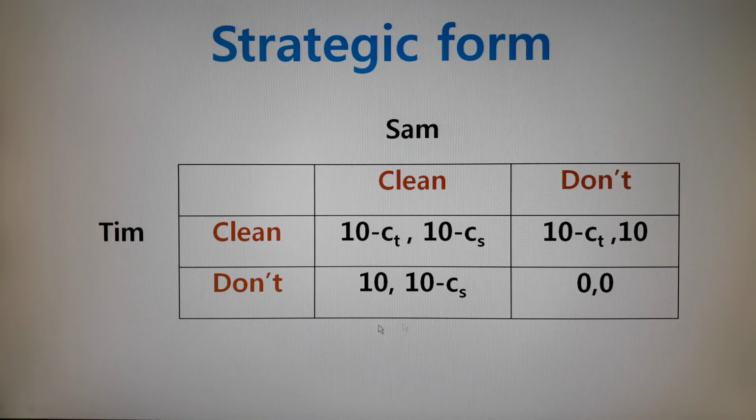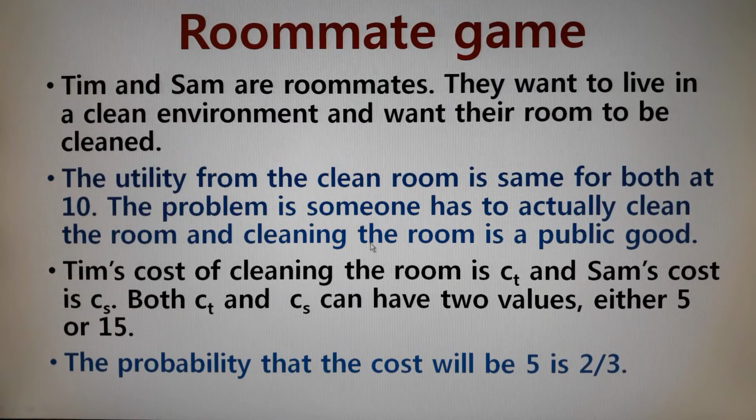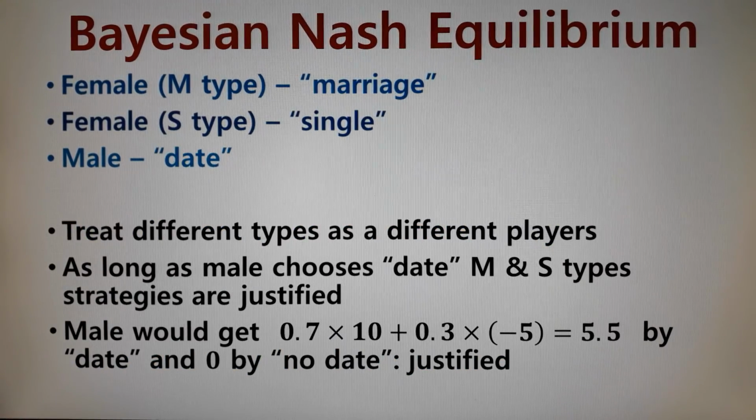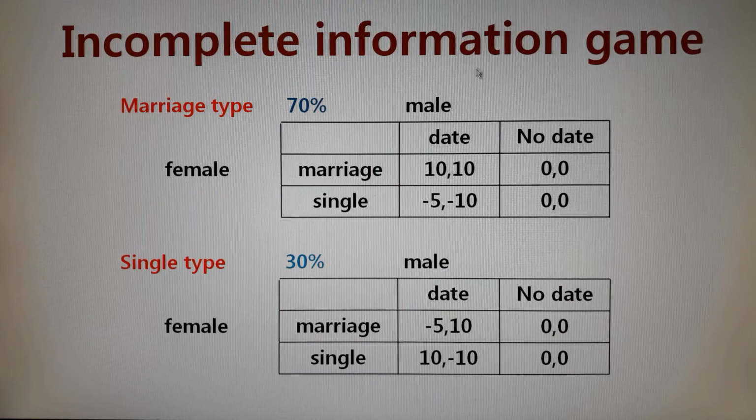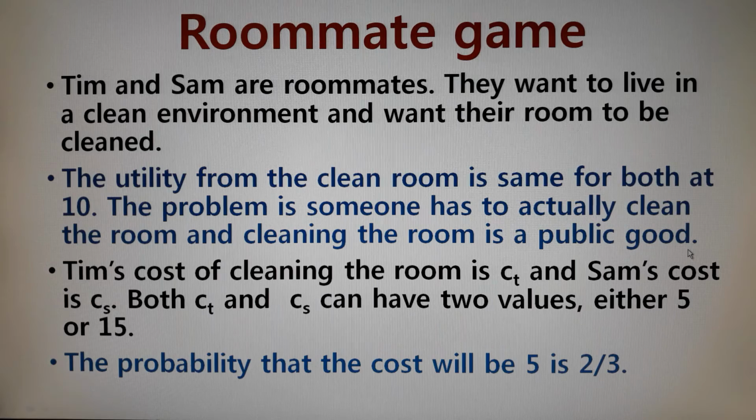But it's not going to be over time. One day, you go there, clean or not clean. That's the roommate game. In the marriage game also, male and female decide simultaneously whether to marry or stay single, date or not date. Okay.